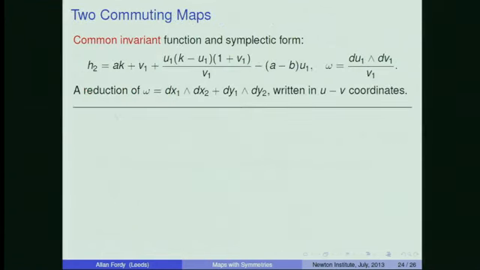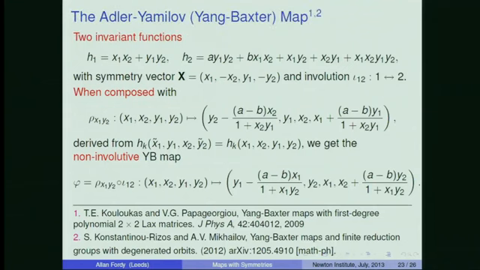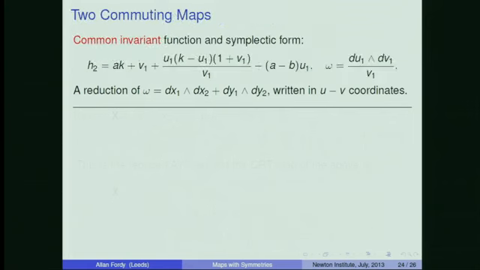So in this case, we've got these two functions, so we can just go through this procedure. I'm not going to do that because I don't have time, but you go through this procedure and you get two commuting maps with a common invariant function. The common invariant function is given by this H. This is the Poisson, the symplectic form. Actually, this Adler-Yamilov map already has a symplectic form in 4 dimensions.